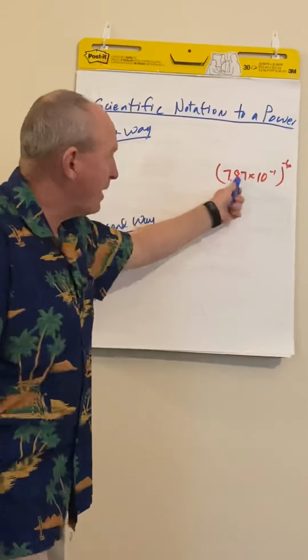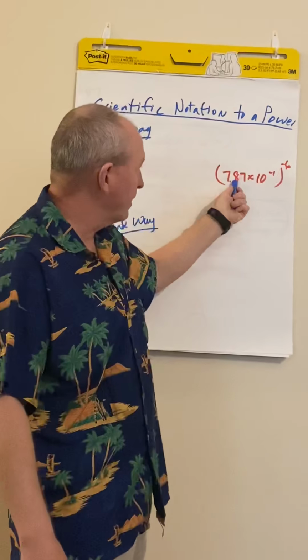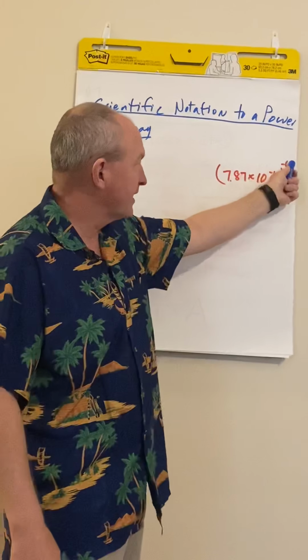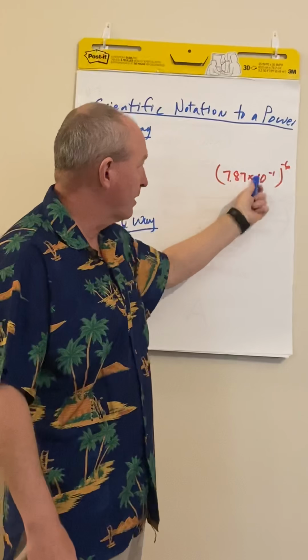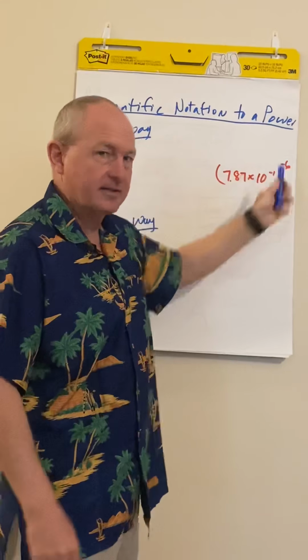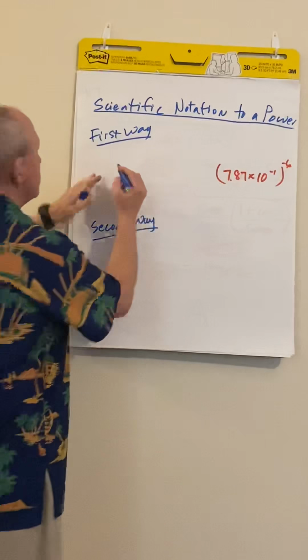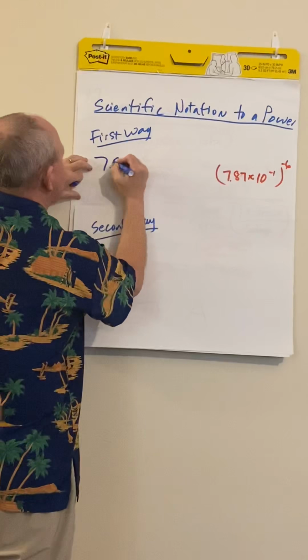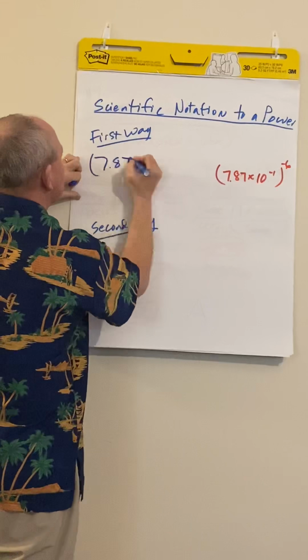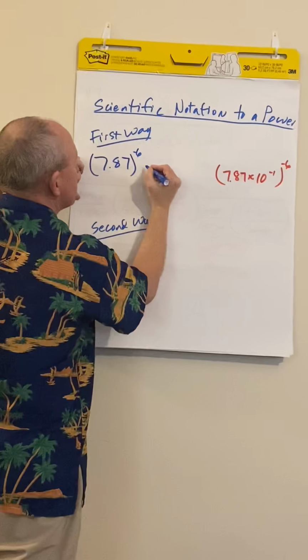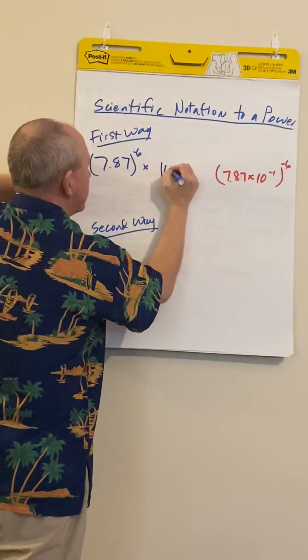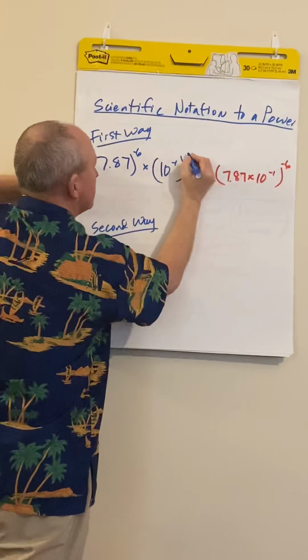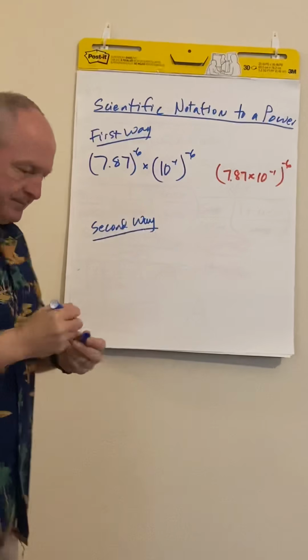So when we do a problem like this, we're going to take that number to the -6th times that number to the -6th. So we're going to go 7.87 to the -6th times 10 to the -1 to the -6th.